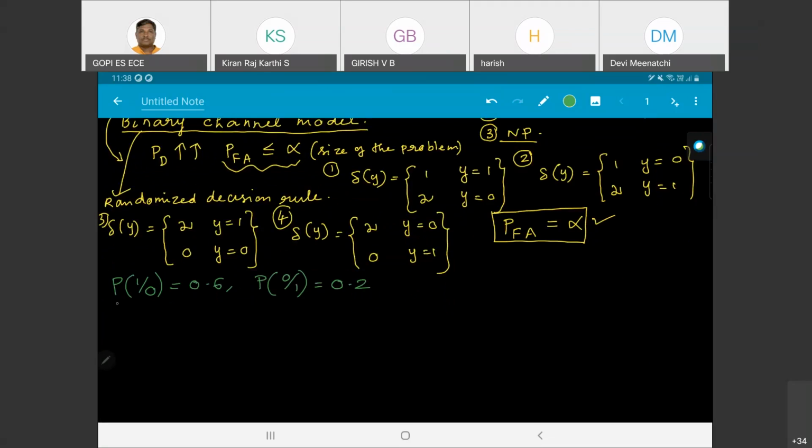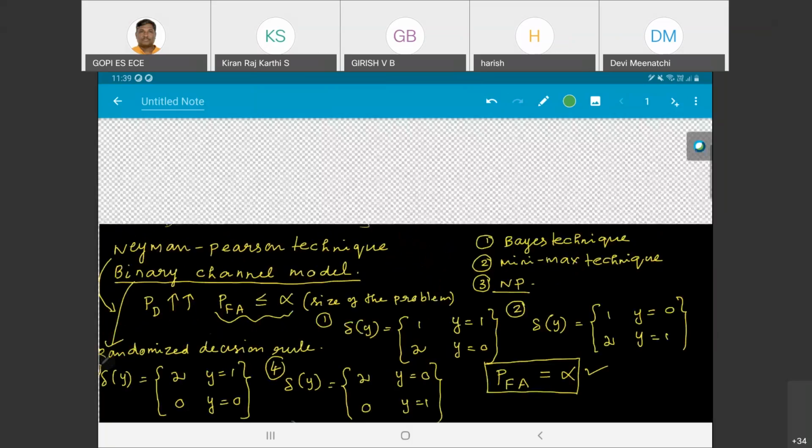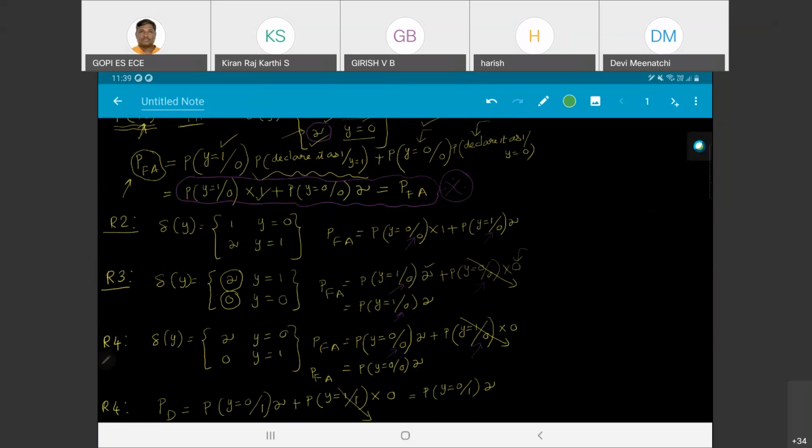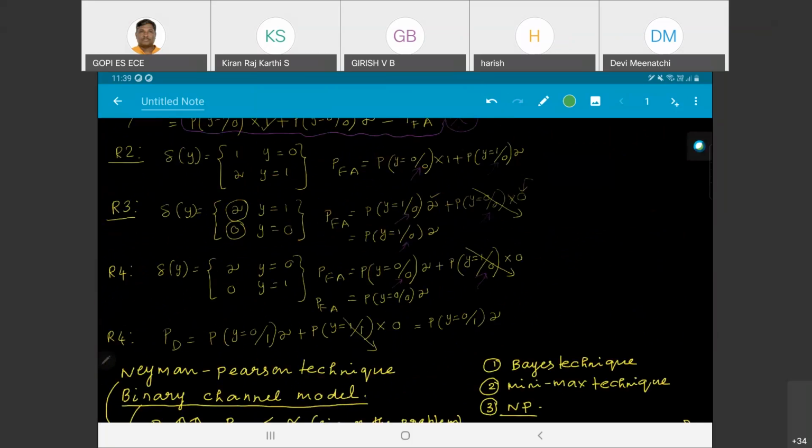So now for the individual case 1, case 2, case 3, and case 4, we'll calculate the probability of false alarm and then the probability of detection, which we discussed in the previous class. Last class we had the expression. So this time we are having values for this, probability of y equal to 0 given 1 and all, right?